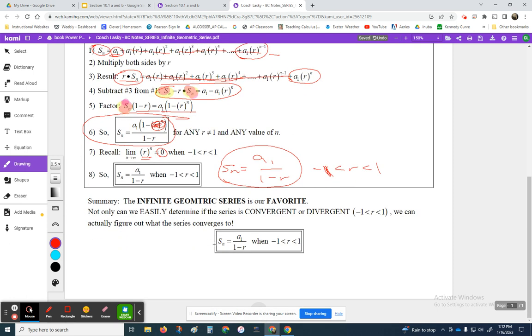So for the geometric series, it's one of our favorite ones here, because we can easily determine if it's convergent or divergent, but we can actually find out what it converges to using this. So we can look at it pretty quick based on that model there.